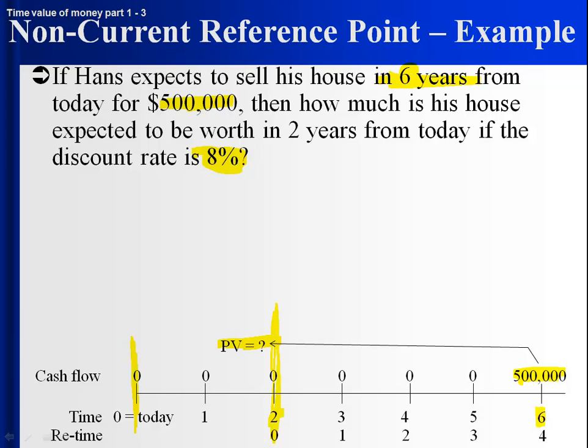So what do we do? We get into our time machine, jump forward 2 years, and we get out and say, hey, look, this is when we want to know how much Hans' house is worth. And so what can we use to do that?